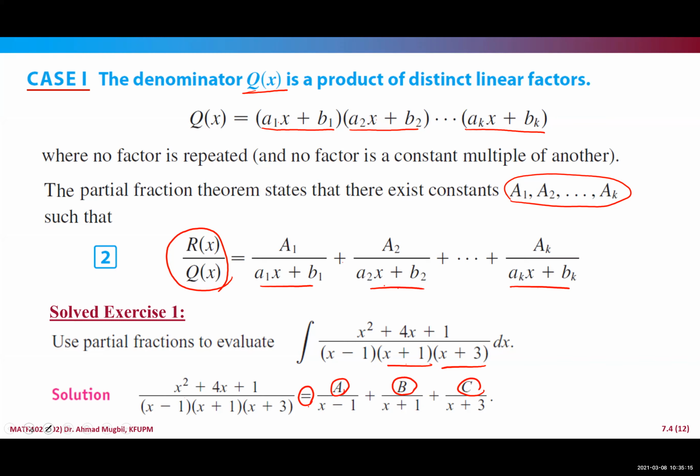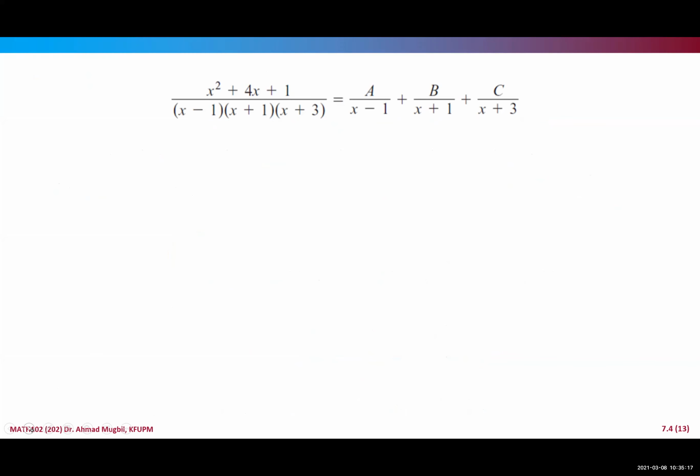How to do that? As I told you, Shabab, you will just make this a single fraction. If you make these three fractions a single fraction, you will put them over the same denominator, but we will skip this step. You will have the same denominator, so no need to focus on the denominators, they are the same. Now focus on the numerators.